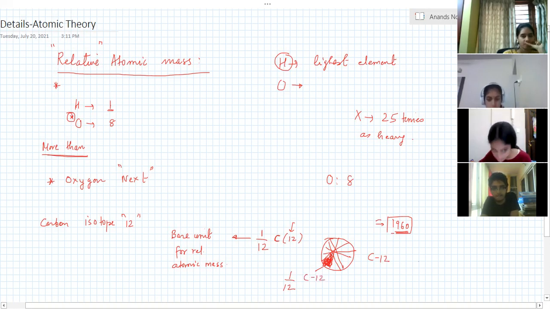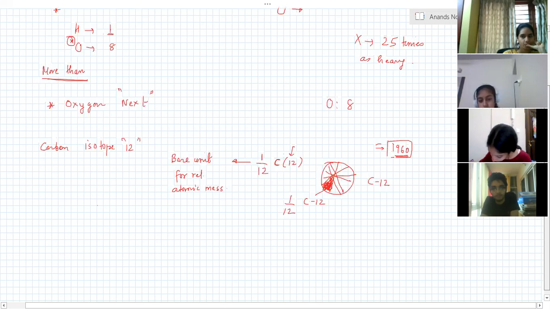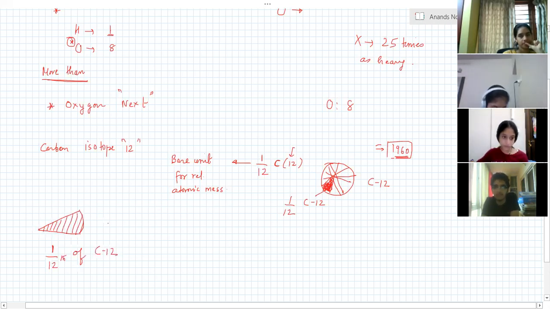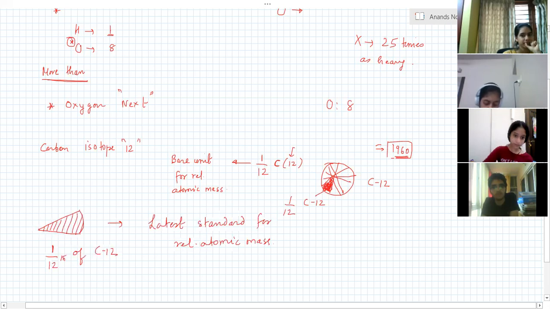You frame this slice, and it becomes the base for all the atomic masses. This is 1/12 of carbon isotope 12, the latest standard for relative atomic mass. Are we okay with this, guys?